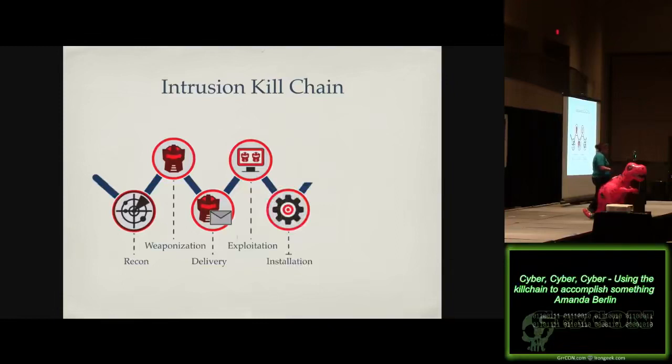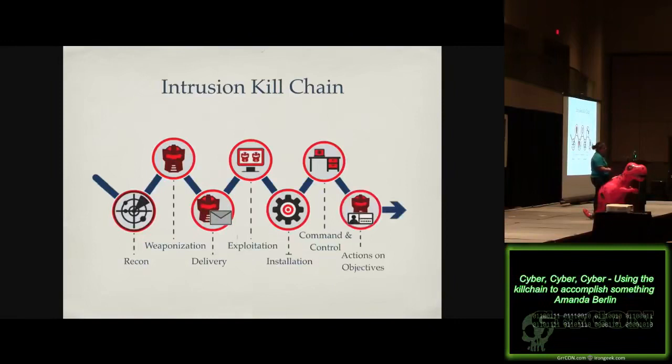Fifth is installation, and that allows the adversary to maintain persistence in the environment. Sixth is command and control. So you have a host that's beaconing out to some kind of command and control server, which allows a client-server setup rather than them having to manually control hundreds of thousands of endpoints.